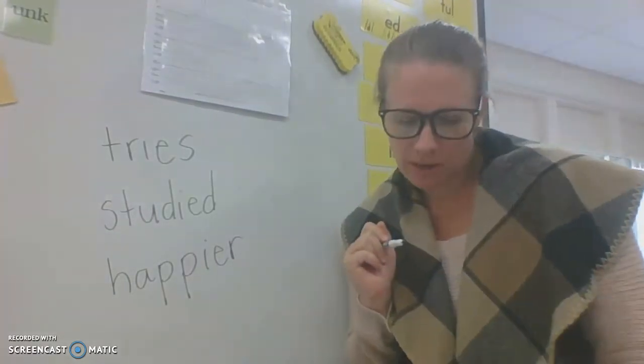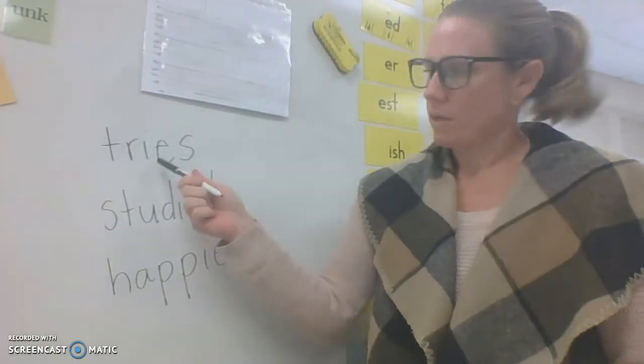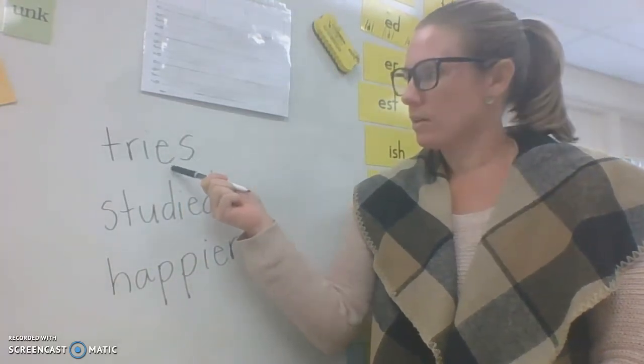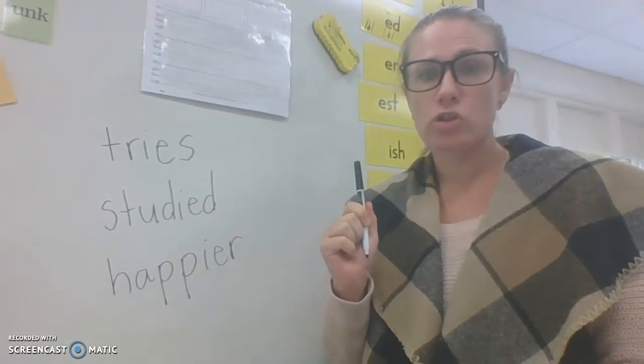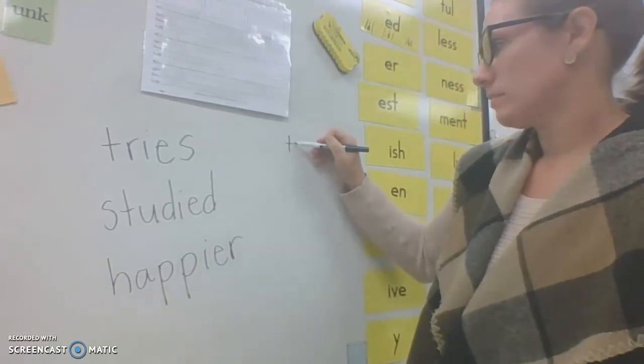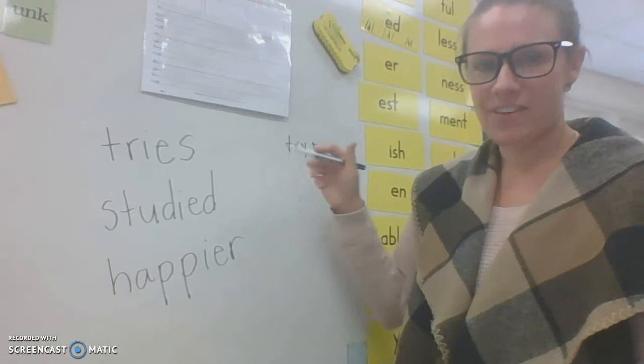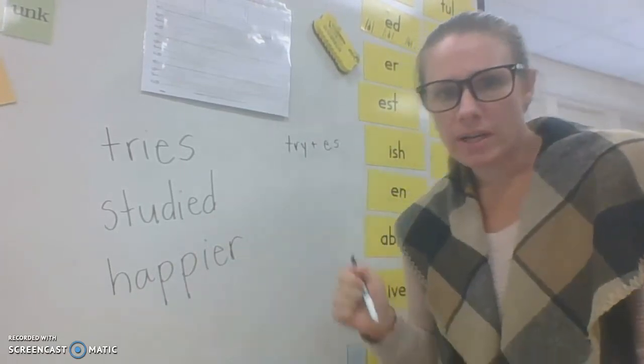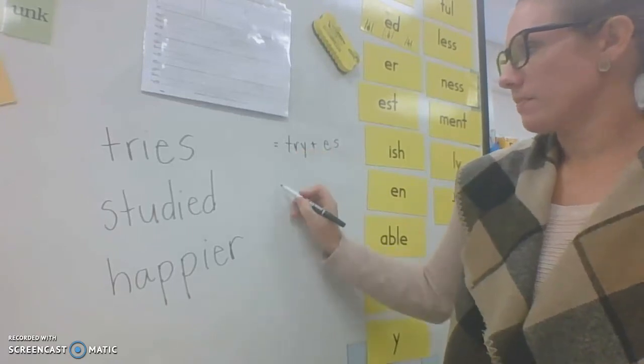Okay, let's talk through them together. Tries. What's the base word? Try. Plus, what's the suffix? ES. Good. I want you to go through the next two and write this little equation over here.